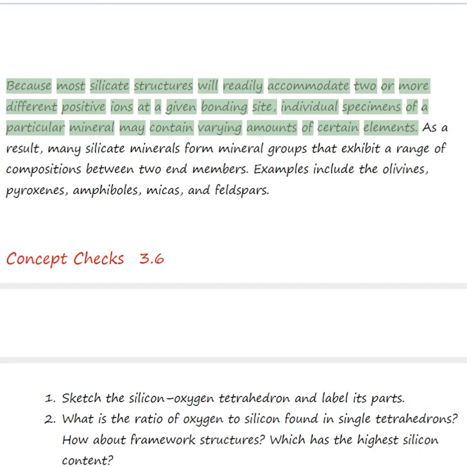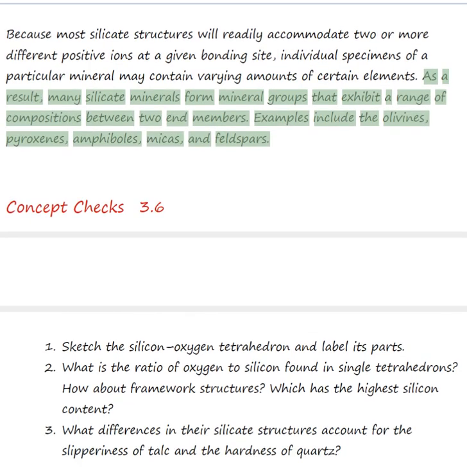Because most silicate structures will readily accommodate 2 or more different positive ions at a given bonding site, individual specimens of a particular mineral may contain varying amounts of certain elements. As a result, many silicate minerals form mineral groups that exhibit a range of compositions between 2 end members. Examples include the olivines, pyroxenes, amphiboles, micas, and feldspars.